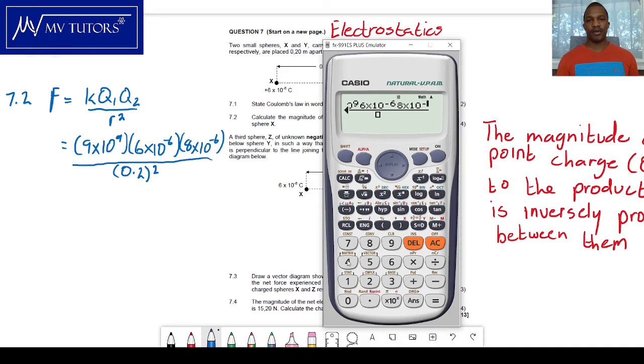I don't know how it will affect my answer, but I forgot to put a multiplication sign there. Maybe the calculator will know. Anyway, bottom one is 0.2 squared.